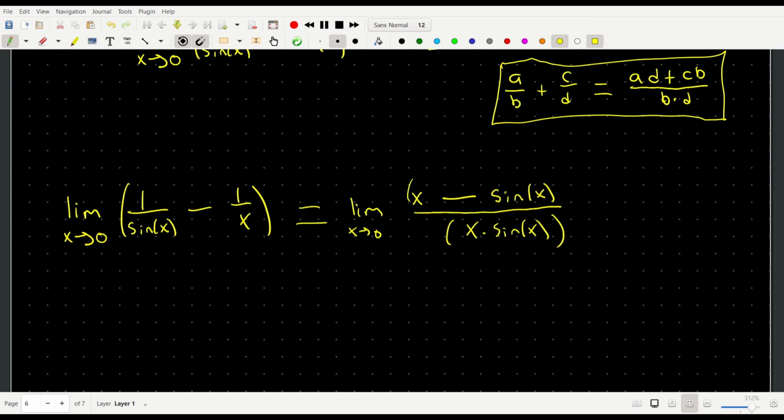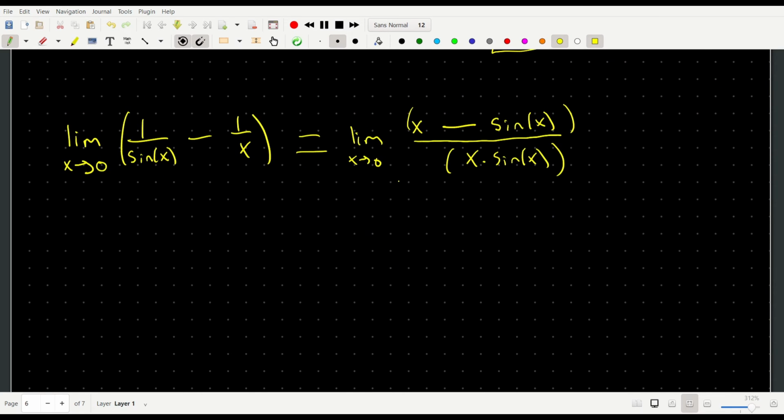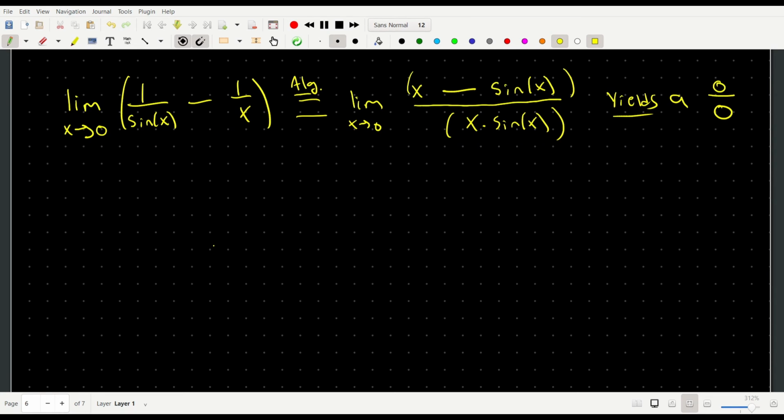This is what we get when we bring this expression right here to common denominator. And sure enough, this is a different indeterminate form. This yields a 0 over 0 indeterminate form, unlike the original expression, which yielded an infinity minus infinity indeterminate form. So this is just an algebraic simplification that we've done right here.